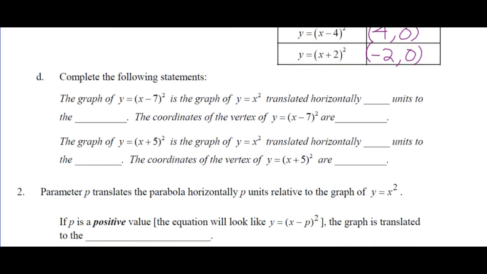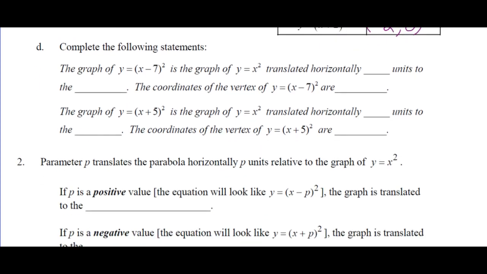Let's do the vertex. Complete the following statements. All right, let's see if I get this right. The graph of y equals (x minus 7) squared is the graph of y equals x squared translated horizontally 7 units to the right. The coordinates of the vertex are, okay, somebody say it. 7, 0.